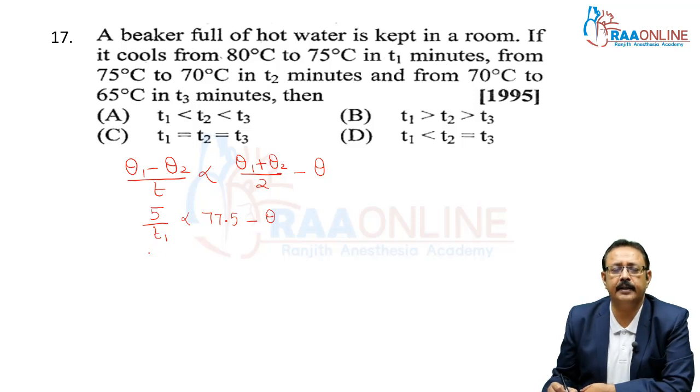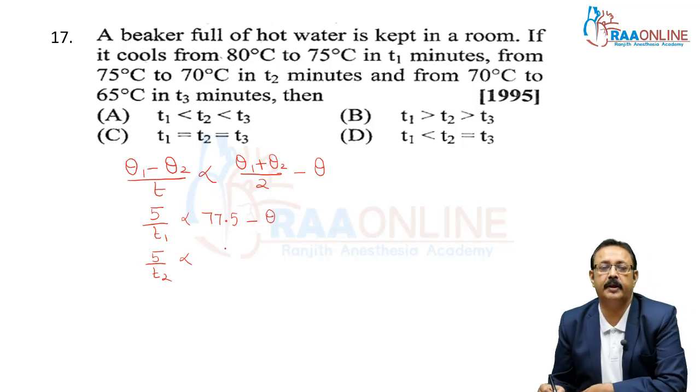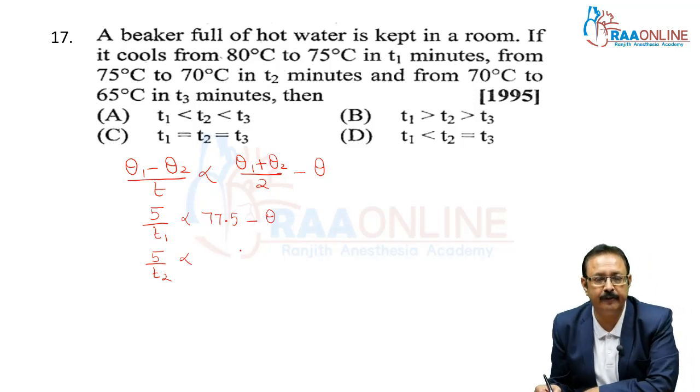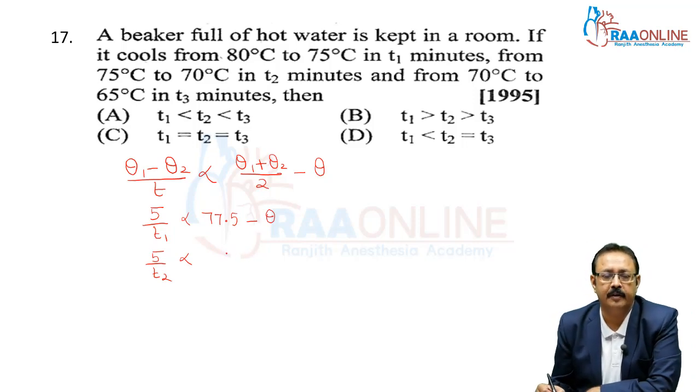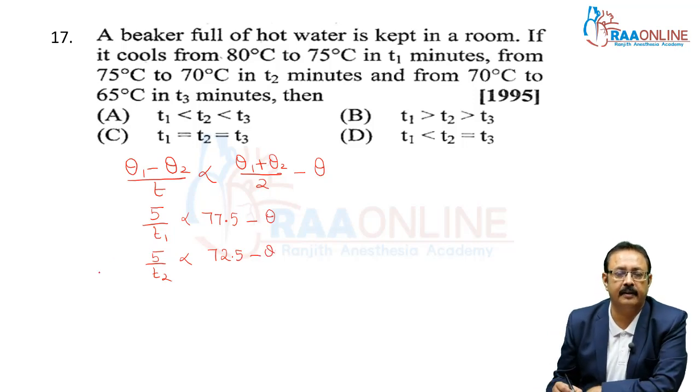Next, again the difference is 5 only, 75 to 70, 5 upon T2. It is proportional to now 75 plus 70 means 145, means 72.5 minus theta.